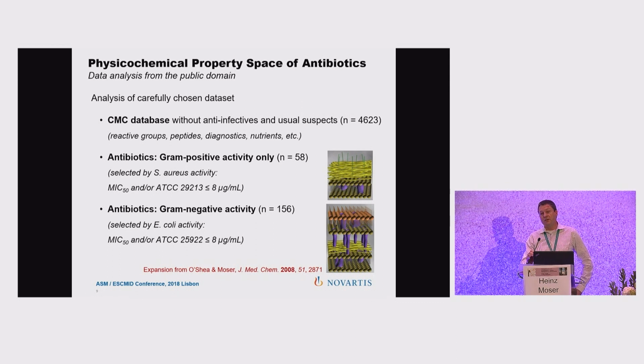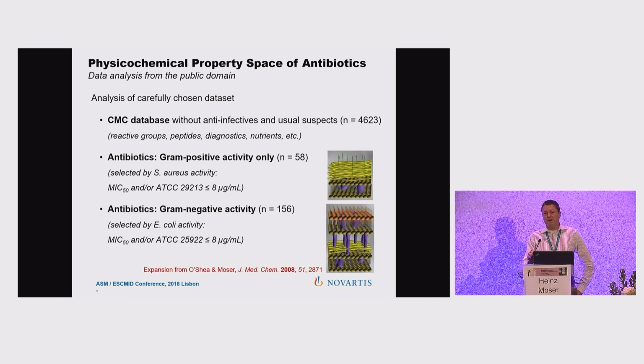There were some literature studies, but what they didn't do correctly, according to my understanding, was bin the compounds correctly. I just showed you the different architecture of gram-positives and gram-negatives, so you can't throw all the antibiotics in one bin. You have to separate them. And what we did, as shown here in the slide, is define different bins.